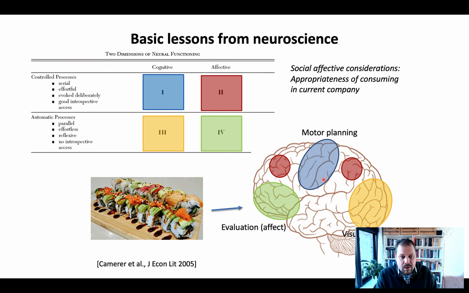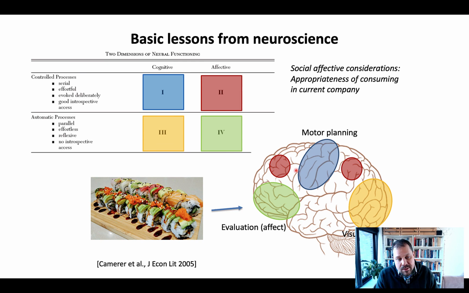So we have all of these different systems that are playing together in a sense while we're making simple decisions of whether to eat sushi or not. We have visual perception, we have evaluation, we have motor planning, and then we have higher-order cognitive processes that may inhibit certain aspects, and then influence how I plan and how I evaluate certain aspects.